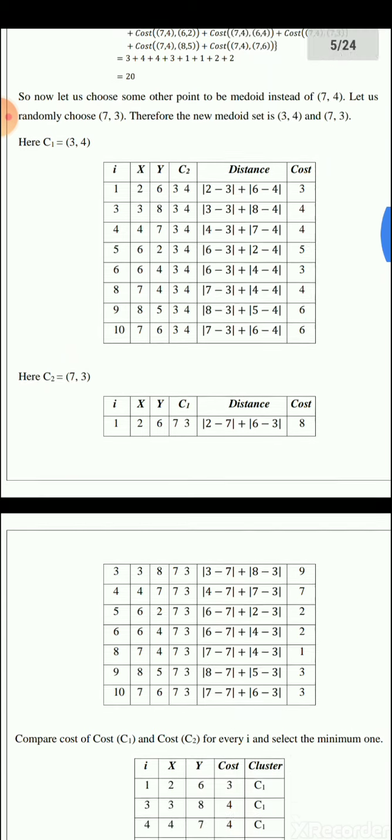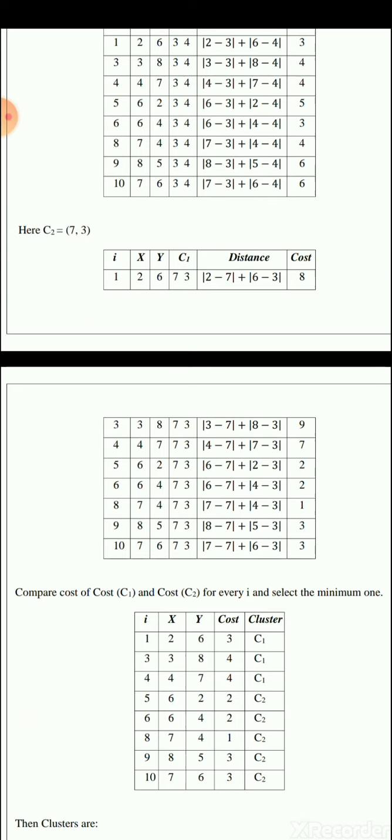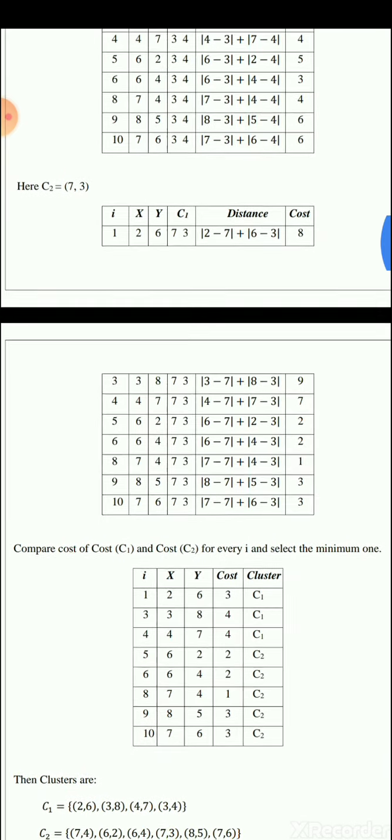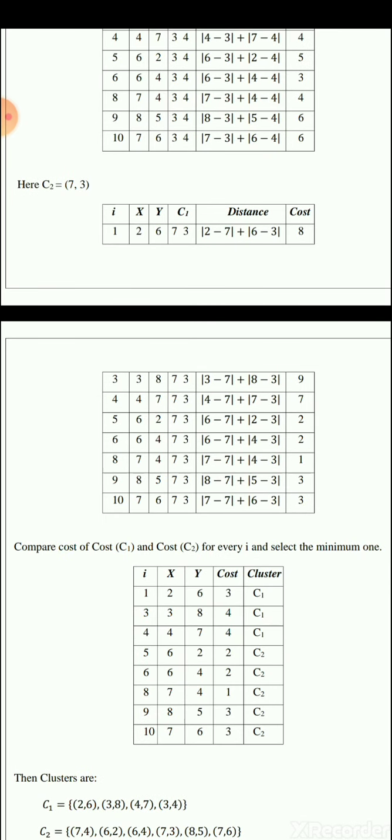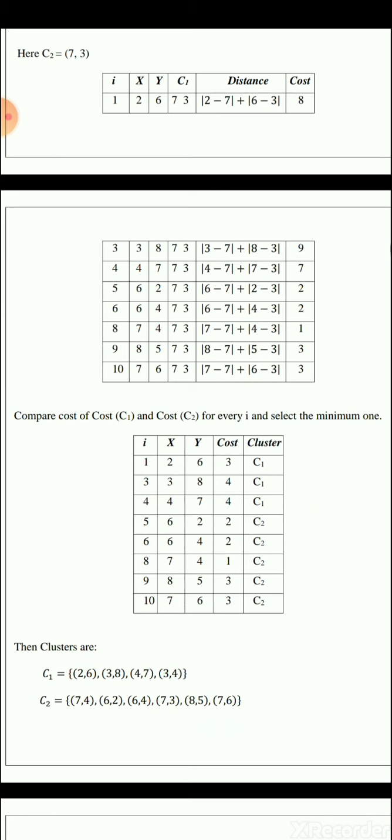Now compare the cost of C1 and the cost of C2 for every point and select the minimum one. Then 2,6, 3,8 and 4,7 go to C1, and 6,2, 6,4, 7,4, 8,5 and 7,6 go to C2. So C1 is 2,6, 3,8, 4,7, 3,4 and C2 is 7,4, 6,2, 6,4, 7,3, 8,5, 7,6.